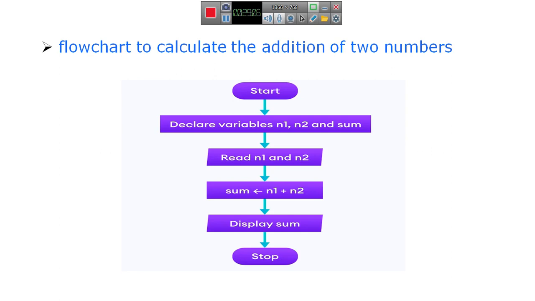So what is this stop? Like start, when the process begins, an algorithm or a flowchart always begins with start. It indicates it is the first step in the process.